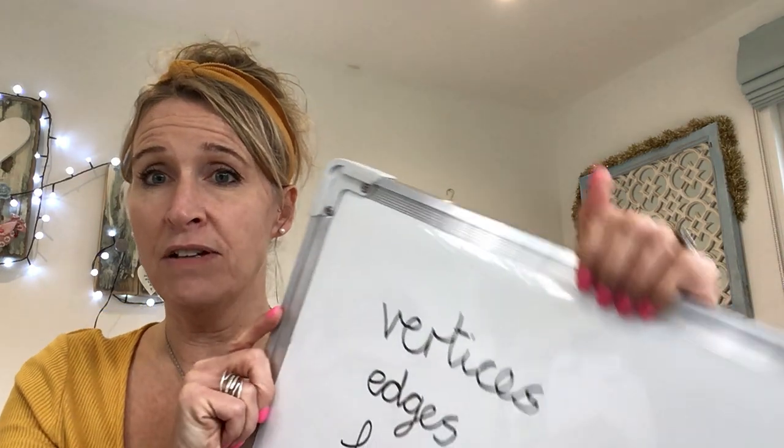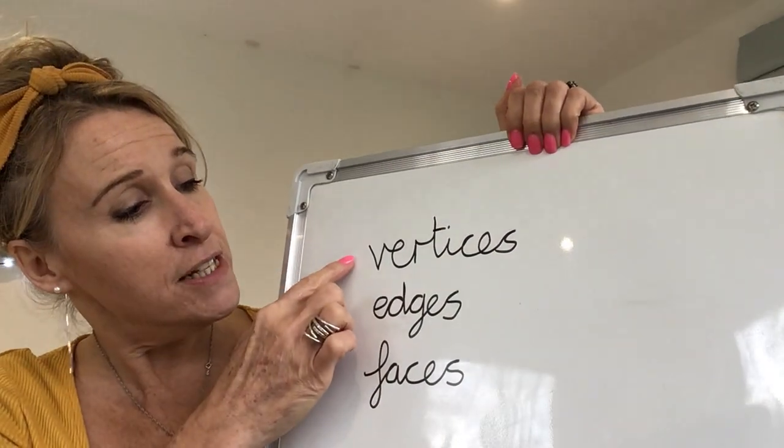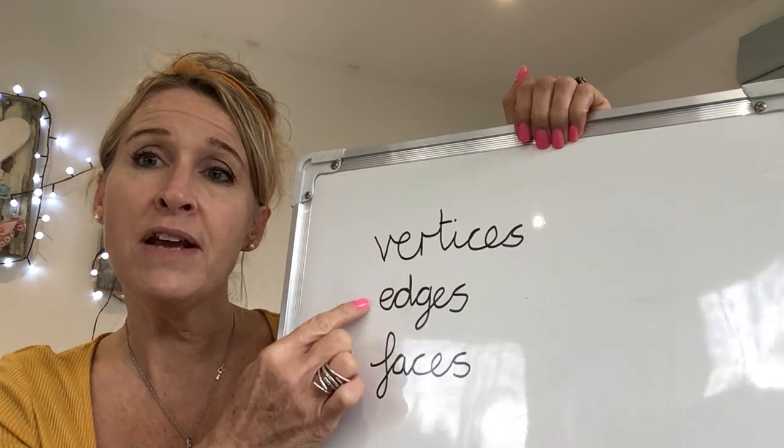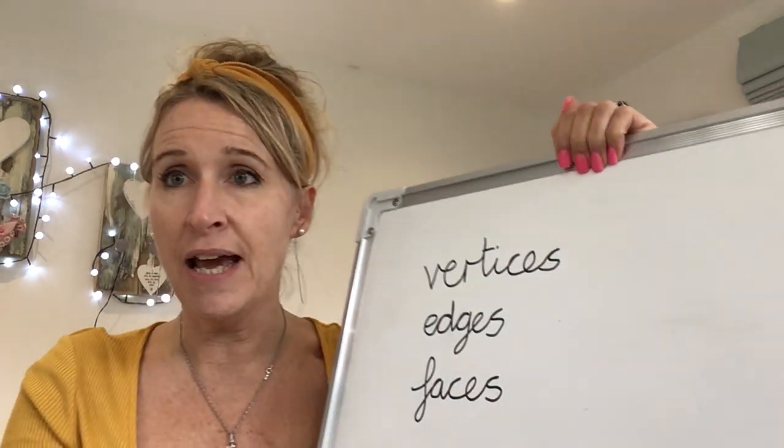Now there are 3 words that children need to learn from year 1 up to year 6, and these are the words that we say are the properties of those 3D shapes. Vertices, edges, faces. They are the 3 words that children need to associate and learn about 3D shapes. So what are they? Well, the faces are these parts of the shape.